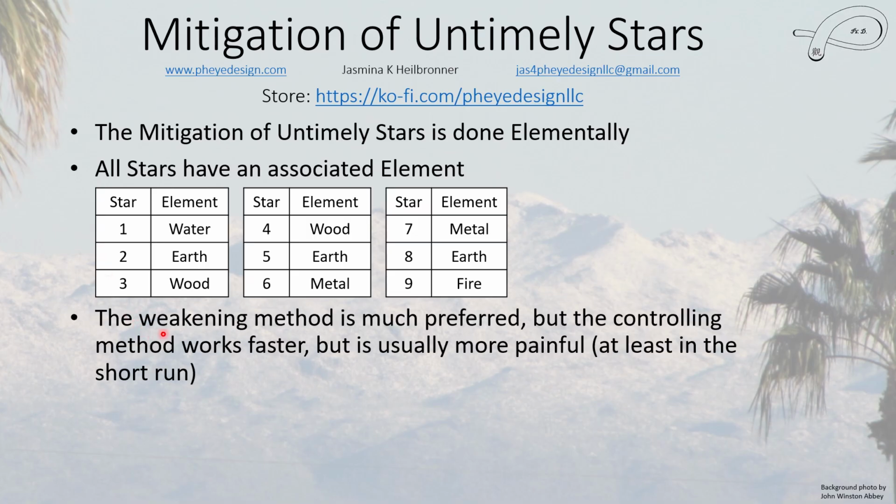Now, when we treat untimely stars, we do it, of course, elementally, and the general method that is preferred is the weakening method. We weaken the element of the untimely star. Now, you can also control it. There is a controlling cycle.